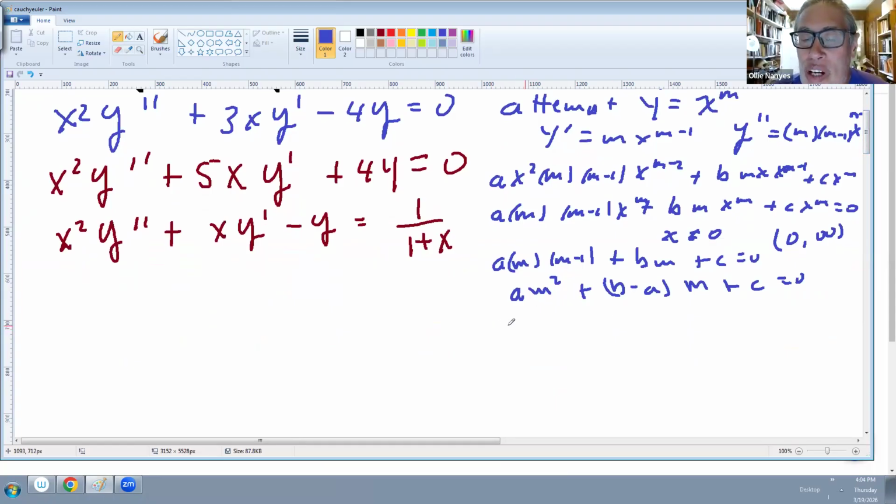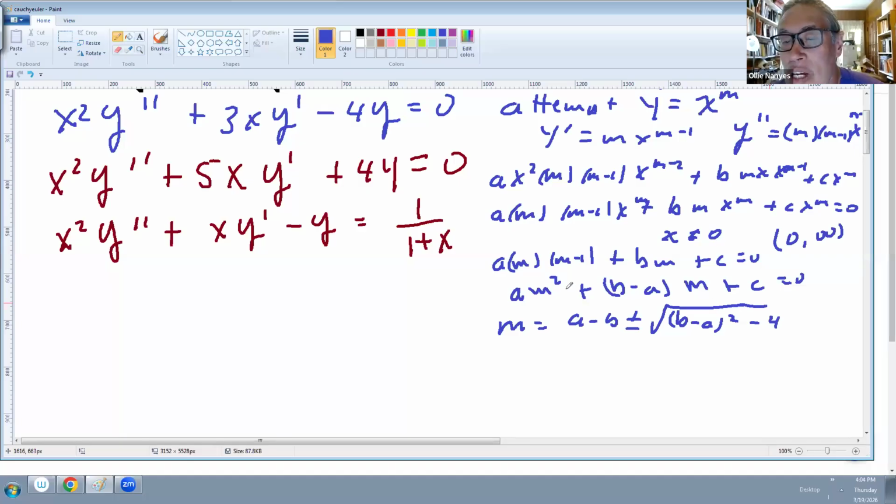And so its roots are m equals minus b plus or minus the square root of b squared minus 4 times a times c, all over 2a.